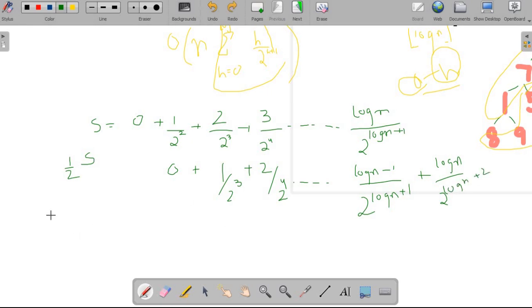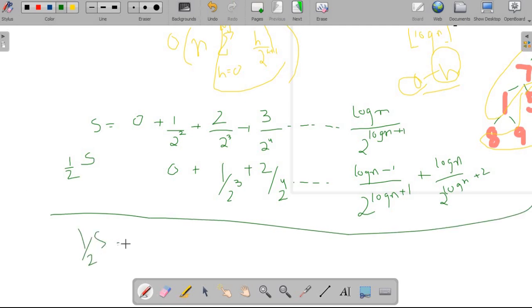Now if I subtract these two equations, what I'll have over here is half S, which is equivalent to this minus 0, which is the number itself. Now I'll subtract these two, so I'll get 2 to the power 3 with 1 as my numerator.